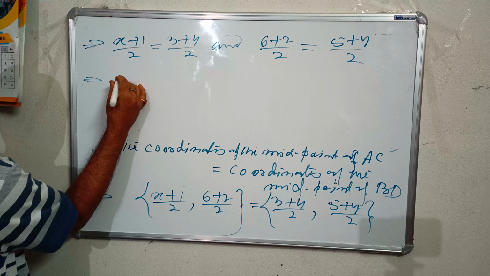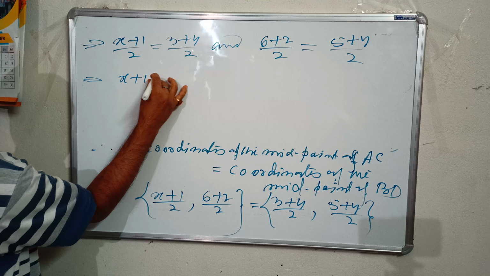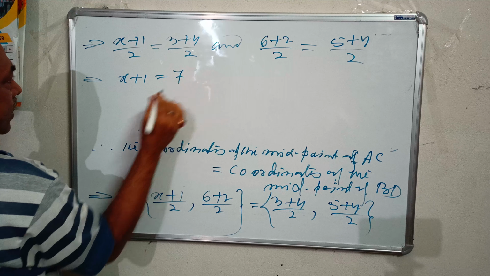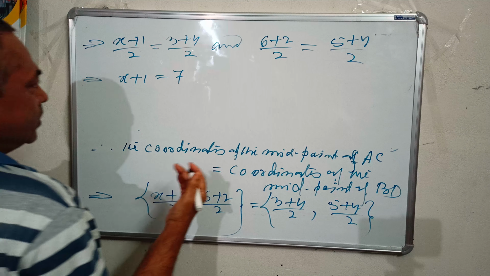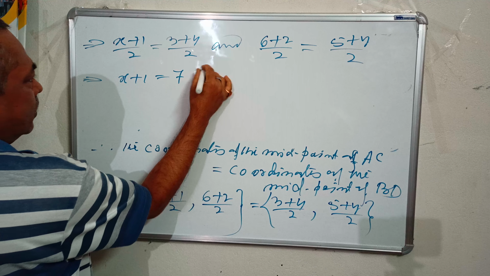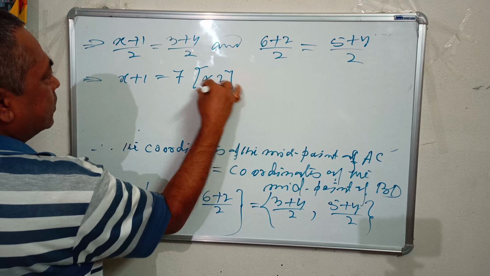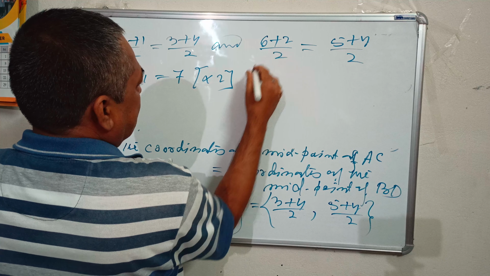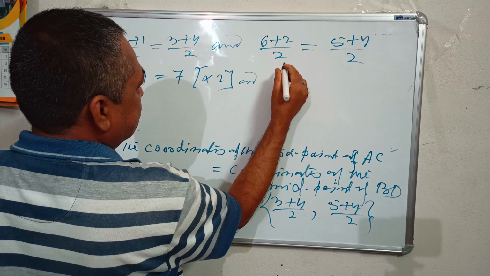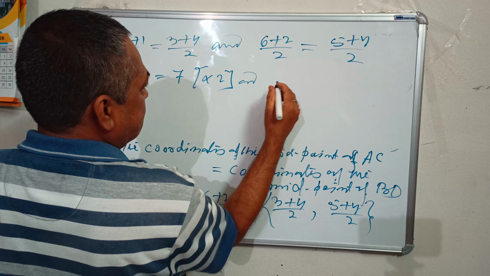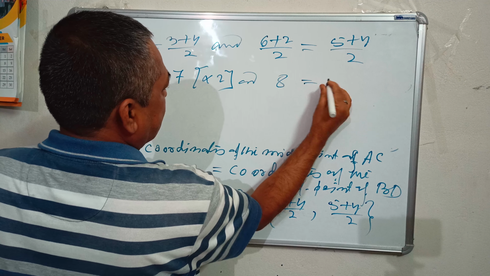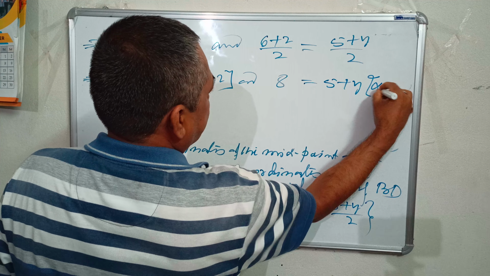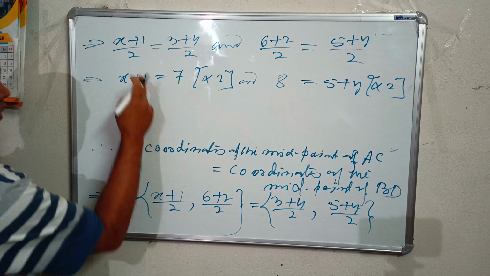So x plus 1 equals 3 plus 4, which is 7, multiplying both sides by 2. Similarly here, 6 plus 2 is 8, equals 5 plus y. Here also I multiply by 2 on both sides, so that 2 is gone.